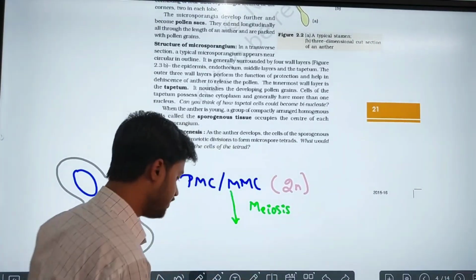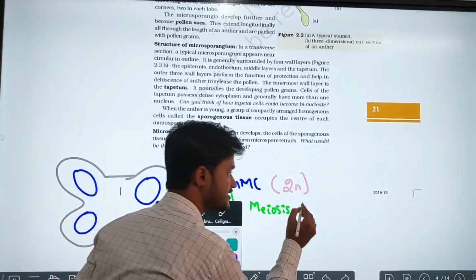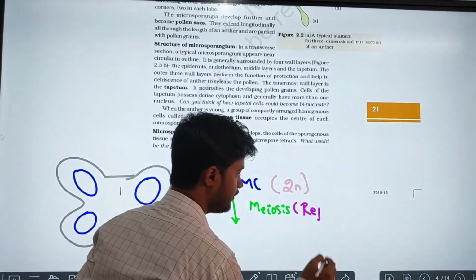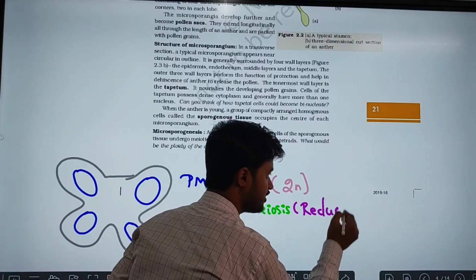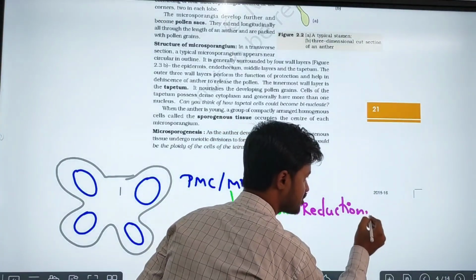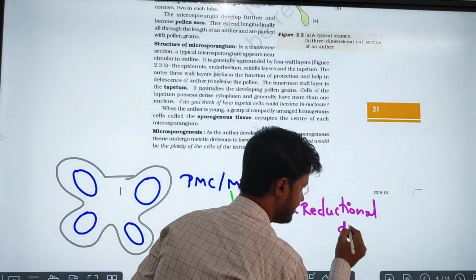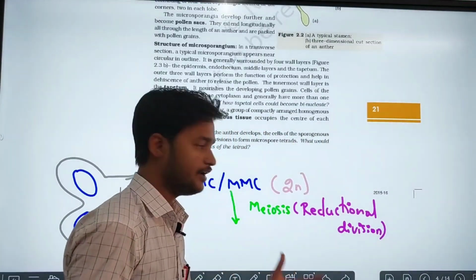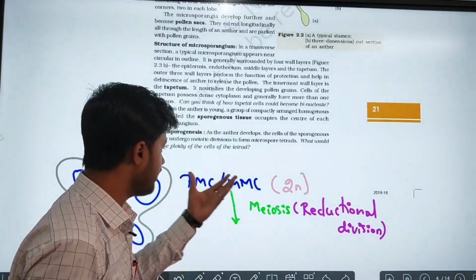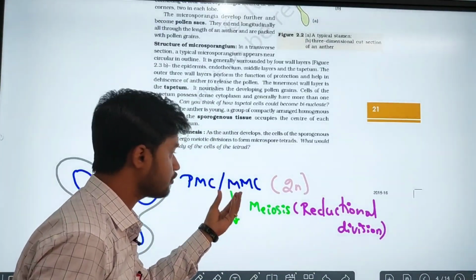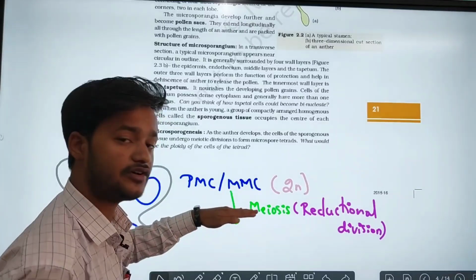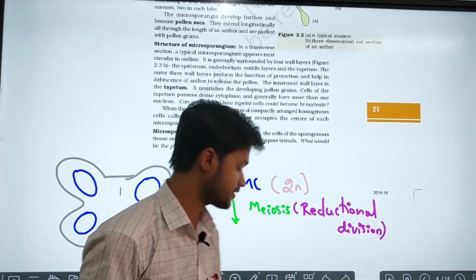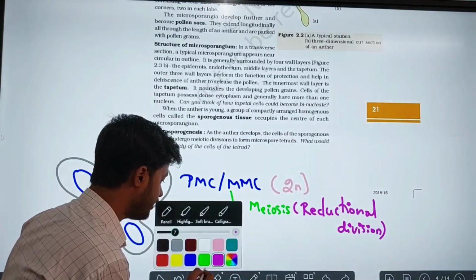We know that meiosis is called reductional cell division, because the chromosome number gets reduced to half. The diploid pollen mother cell or microspore mother cell undergoes meiosis to produce 4 haploid microspores. To produce how many haploid microspores?